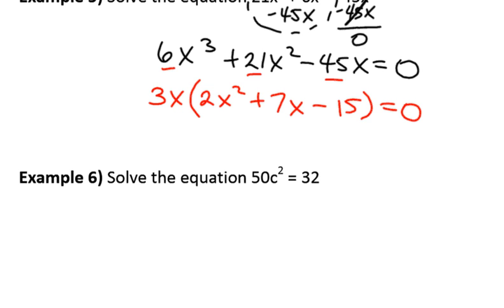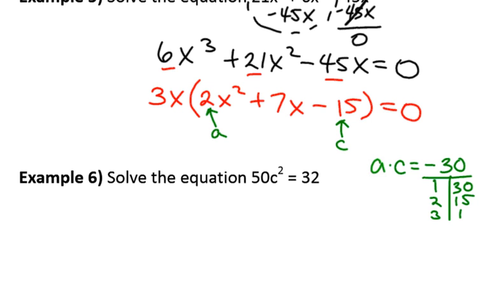So using the AC method, remember we want to take A, which is 2, and C, which is negative 15. So A times C is 2 times negative 15, which is negative 30. And we want to factor that. So that would be 1 and 30, 2 and 15, 3 and 10, and 5 and 6.